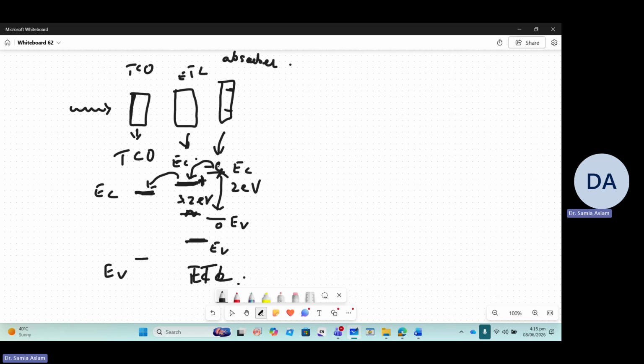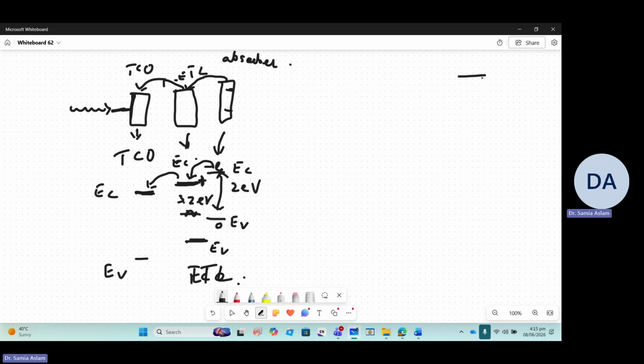They will not go and recombine with their corresponding holes. Rather, a charge separation will take place. So now the electron is going to jump from this to this, and then from this to this, and then from here there is a copper wire or some external wiring attached. So it will go outside, right?